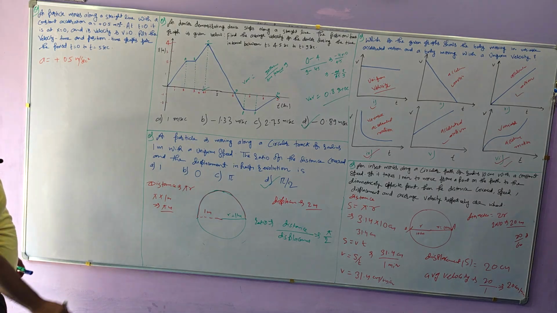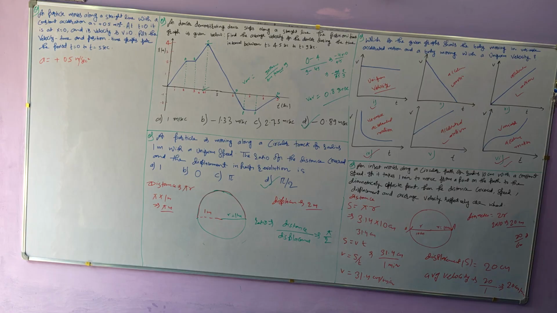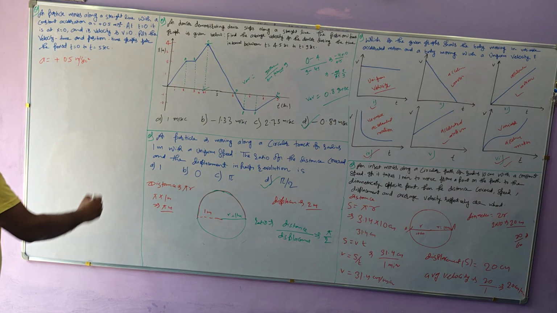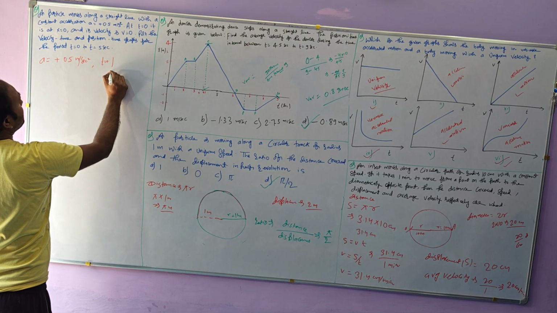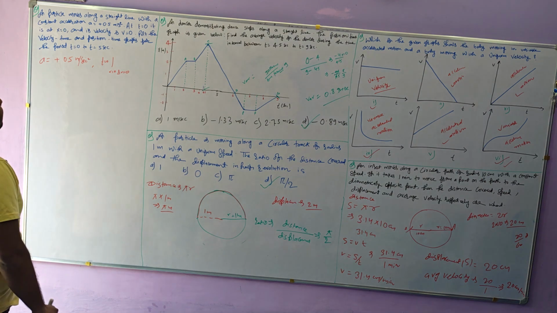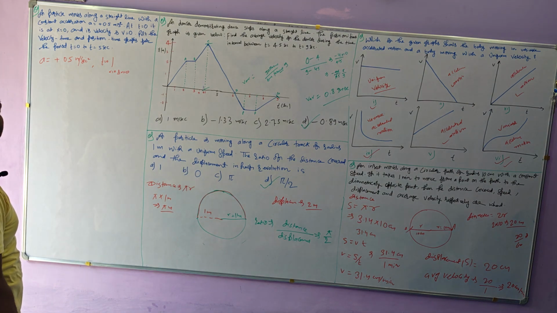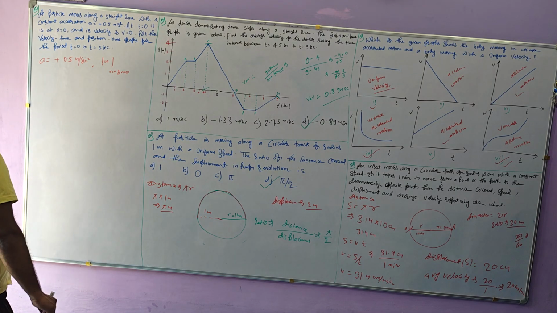At t is equal to 0, it is at x is equal to 0, and its velocity v is equal to 0. Plot the velocity time graph and position time graph for a period t is equal to 0 to t is equal to 5 seconds.